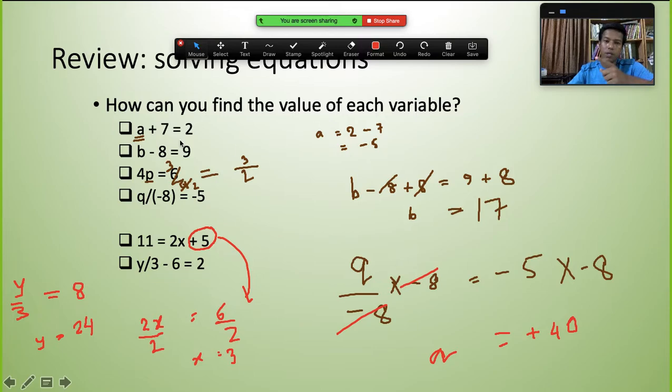The thumb rule is when you add or subtract something on one side, you have to do it on both sides. This is number one. When you multiply something on one side, you will have to multiply it on the other side also. And if there are multiple numbers, you will have to multiply all the numbers by the same thing. So we have to keep this aligned for all the questions.